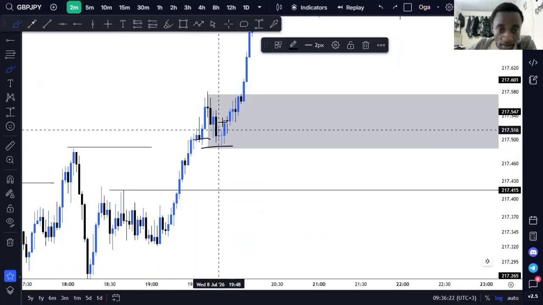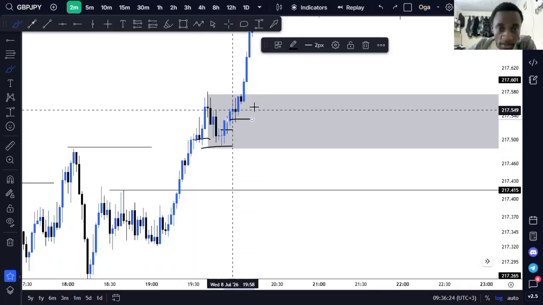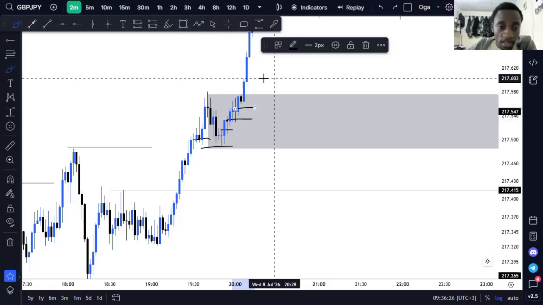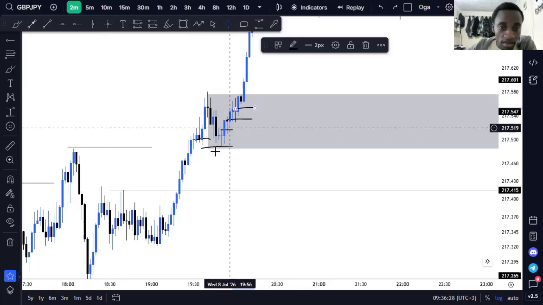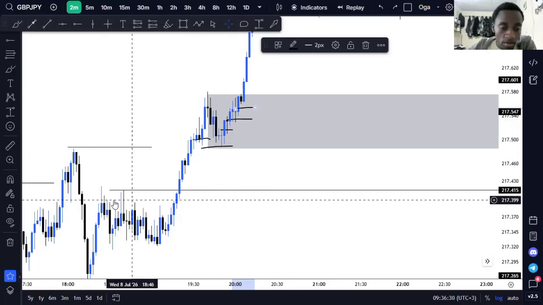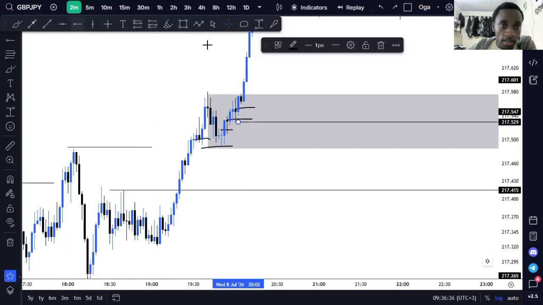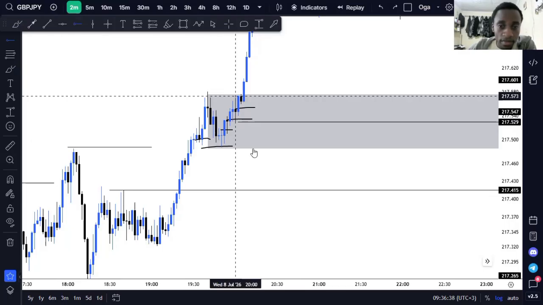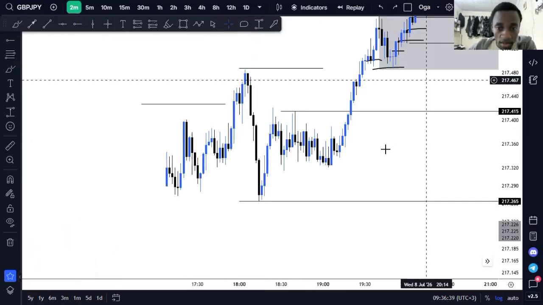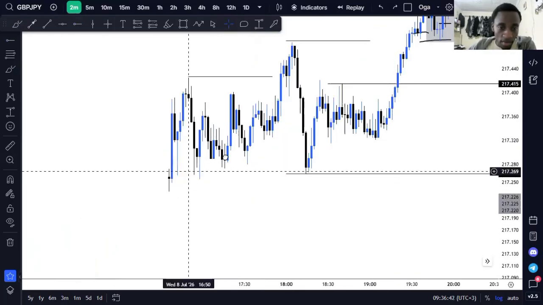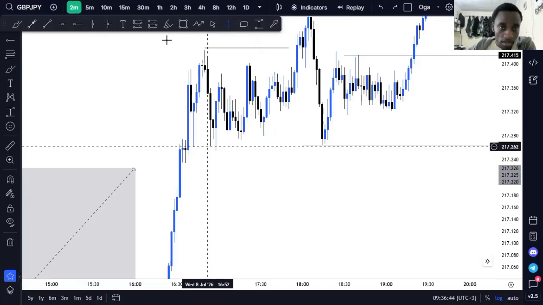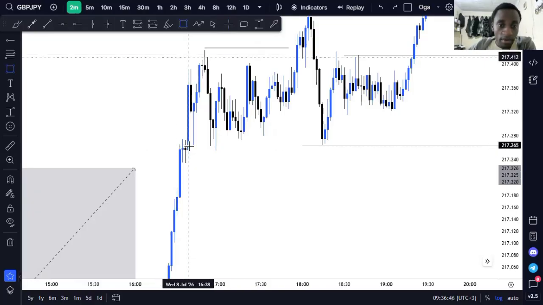Left liquidities took them, and then the last time I think price came to this area. Let's just mark it and then I'll delete later. I think it came to that area, and then down here we also had a reaction to this small structure.